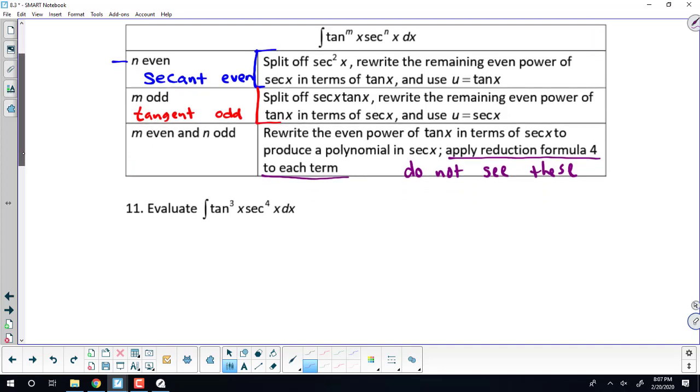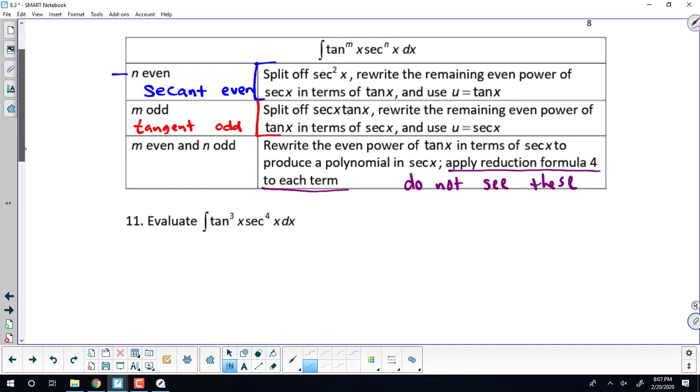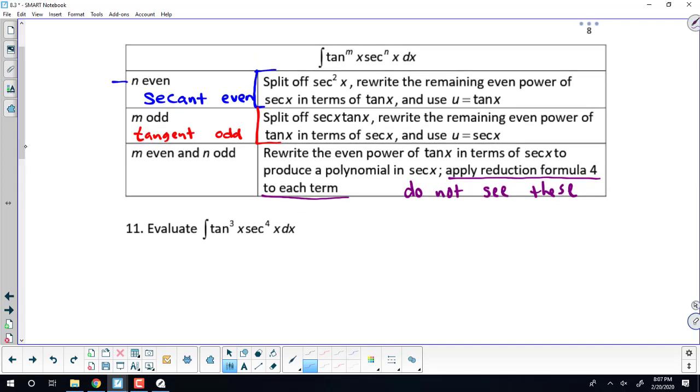Okay, so we're focusing on powers of secant and tangent when secant is even and tangent is odd. We've got 2 different procedures there. So this example, tangent cubed secant to the 4th, we could actually apply both methods here to see how they play out.